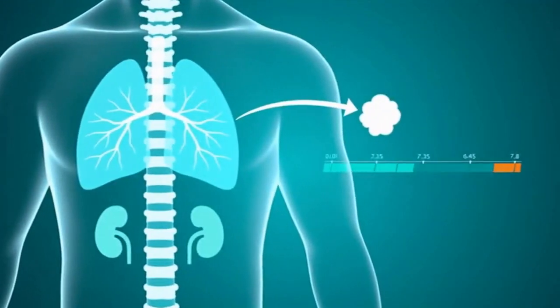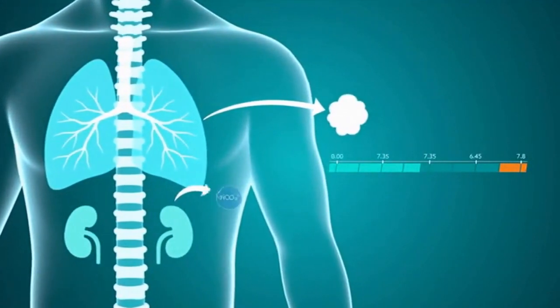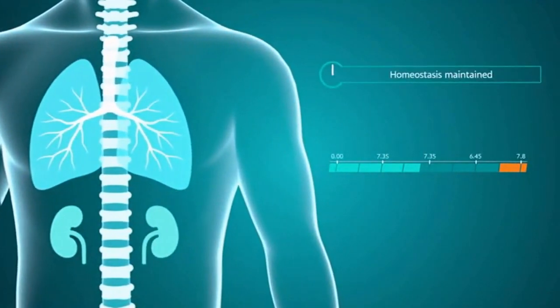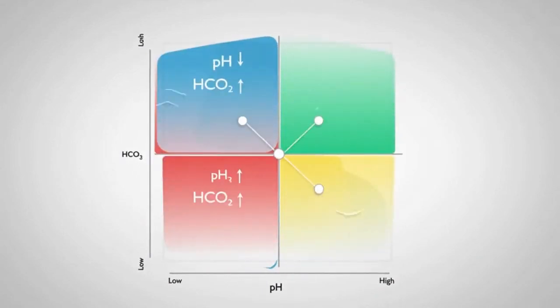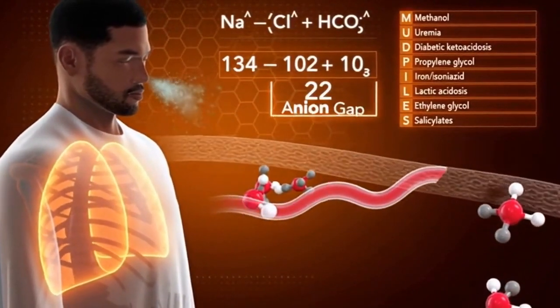Step 2. Identify the primary disorder. If the pH is acidotic, is the bicarbonate low, metabolic, or the PCO2 high, respiratory? Step 3. Assess compensation. In metabolic acidosis, the lungs compensate by blowing off CO2. PCO2 falls.